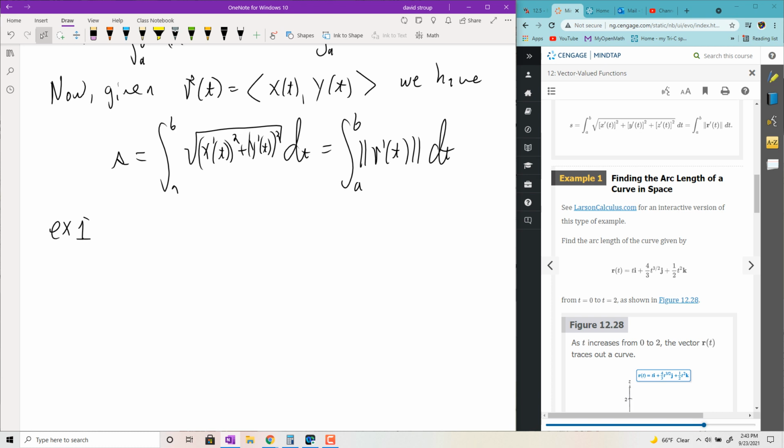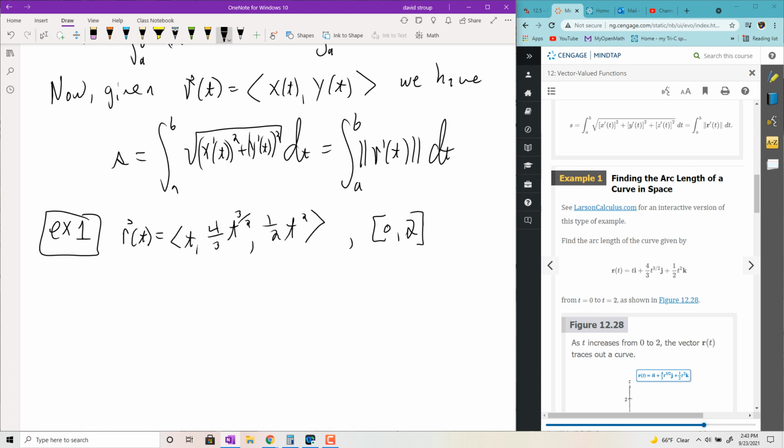Let's take a look at finding arc length. Example 1, we have r of t is t, comma 4/3 t to the 3/2, comma 1/2 t squared, and we want to go from 0 to 2. They give you a picture of it, but let's not look at the picture. I don't want to see the answer. To pull this off, we need the derivative.